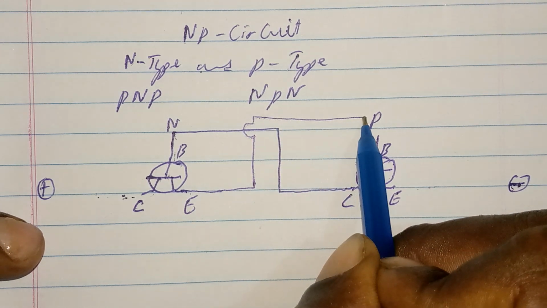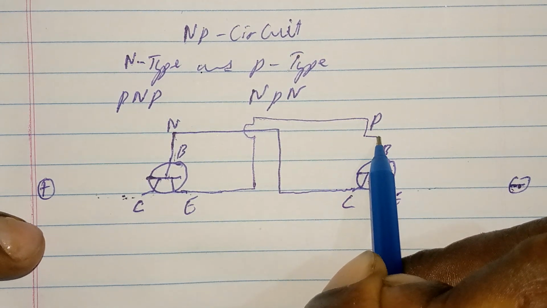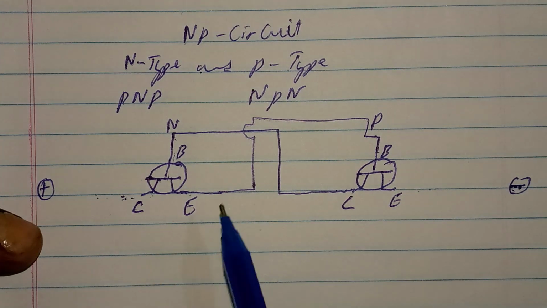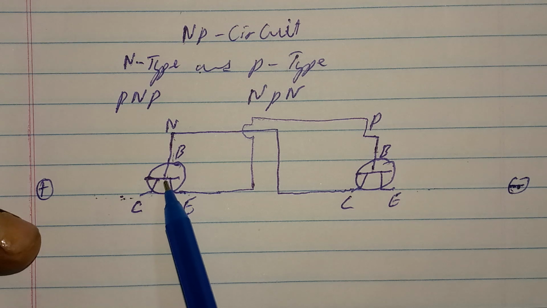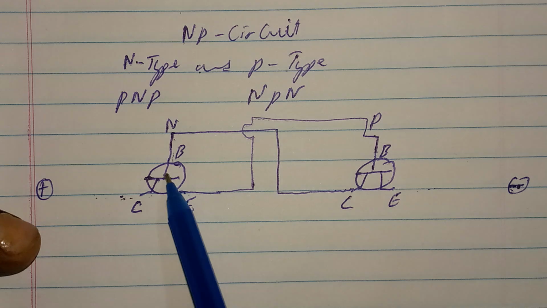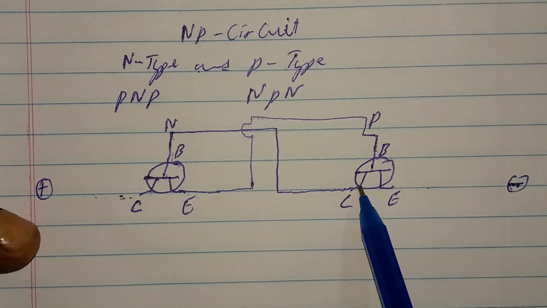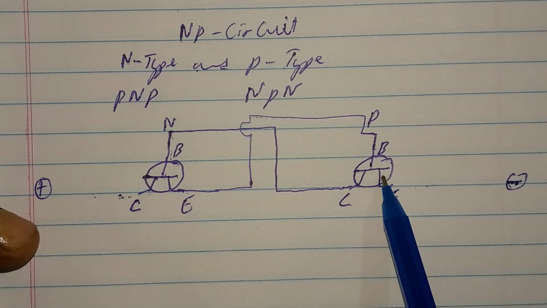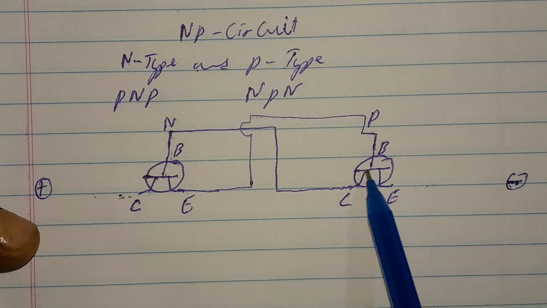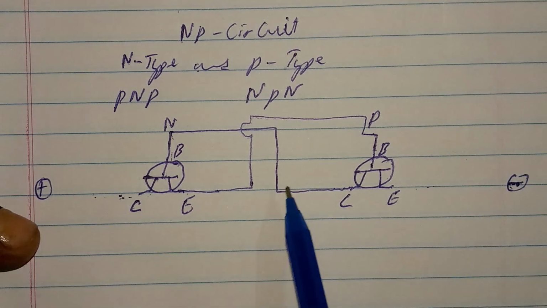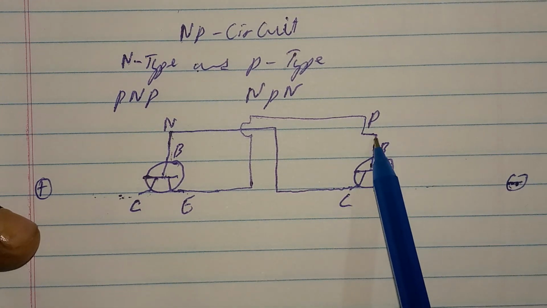This will come directly to the base here. So now if the base voltage is moving in this direction, you have to take out the base voltage. The base voltage will now come here, but it will not go through this P-type transistor to the negative because there is no base voltage.